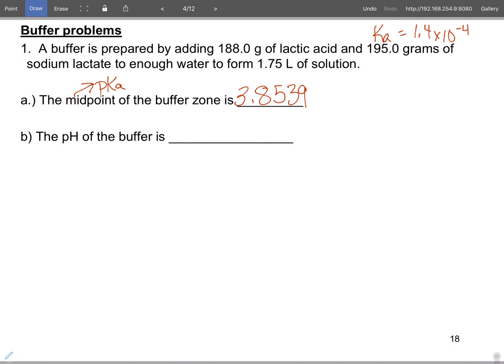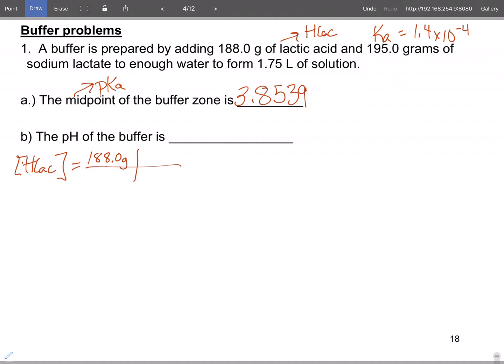Okay. All right. The buffer is prepared by adding the lactic acid and the sodium lactate. So this is the salt. So the concentration of, I'm going to call this H-lac, is going to be equal to the moles, which is 1.880 grams, and we need the molecular weight.